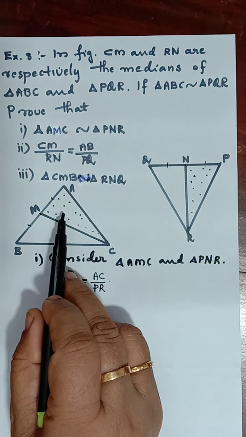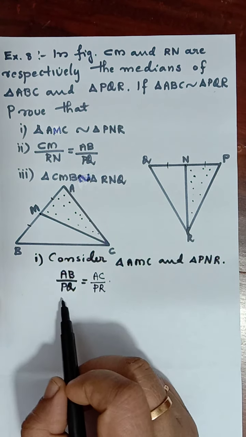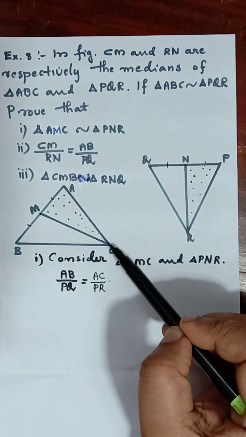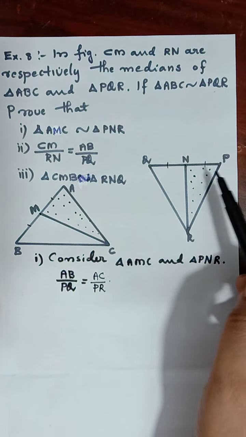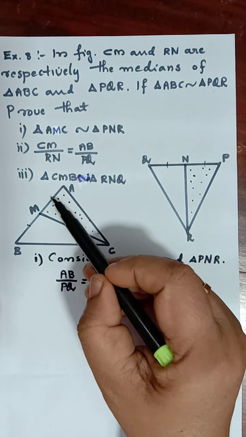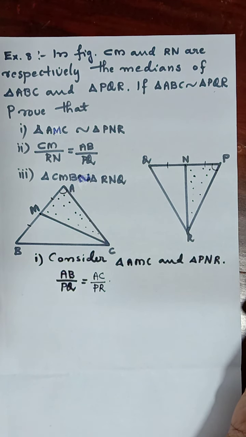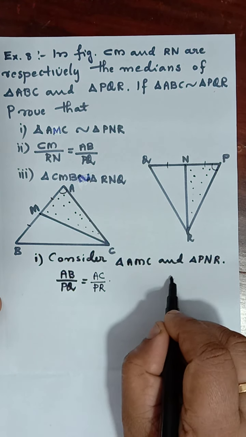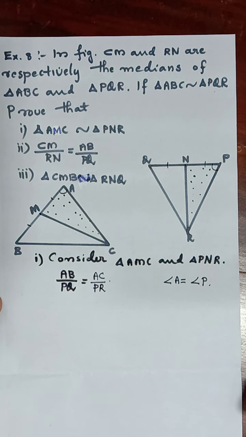BC is not a part of this triangle, QR is not a part of this triangle. So we need only AB by PQ, AC by PR. For AB by PQ and AC by PR, you might have understood angle A is equal to angle P is also there. That is the second point.